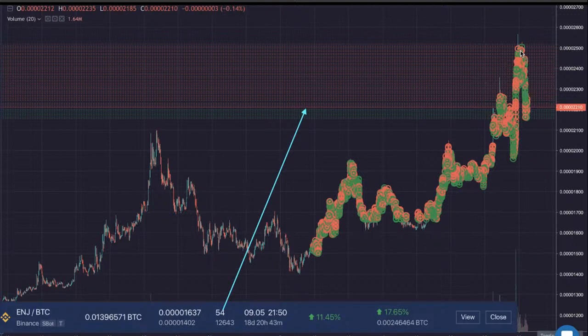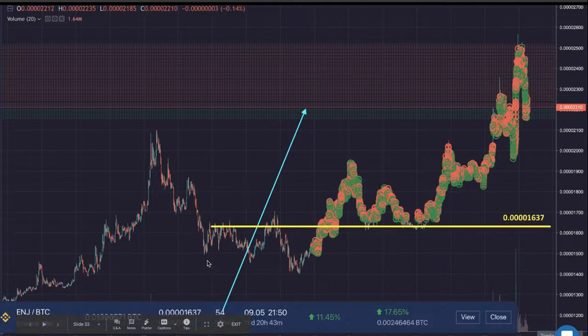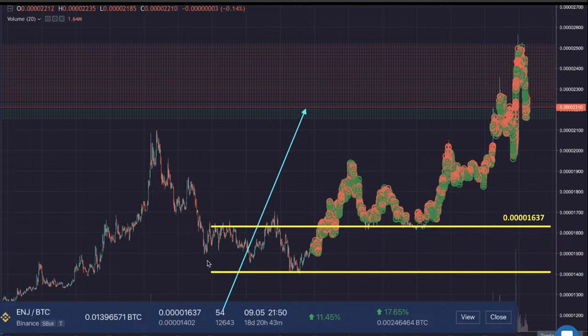So notice here that initially my trading range was defined by these levels. I started my trading here, and I defined that my upper limit is going to be here because I saw the resistance level and all of that, and my bottom limit price was defined by the support level.